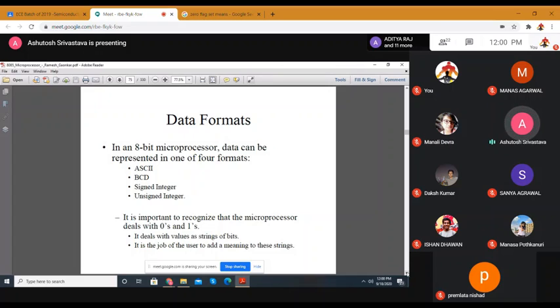In all these four formats, your 8-bit microprocessor is able to understand and recognize the data. Most of the time you would be talking in terms of the last three.